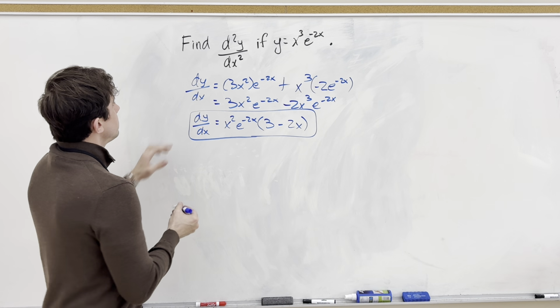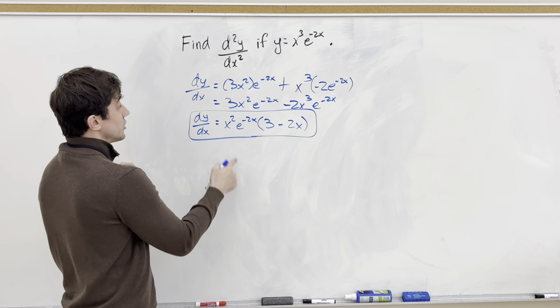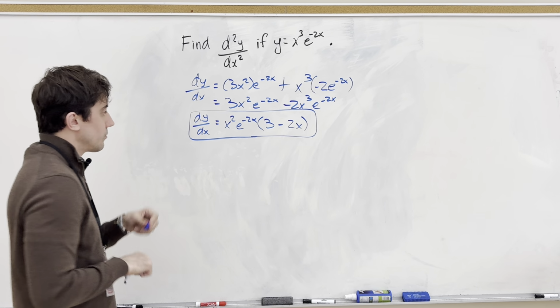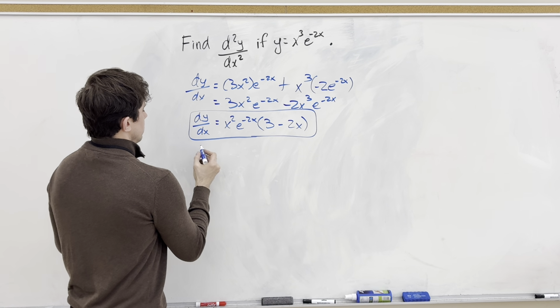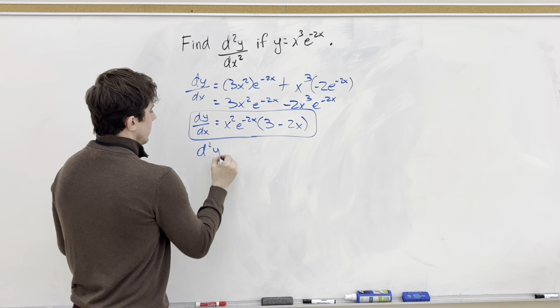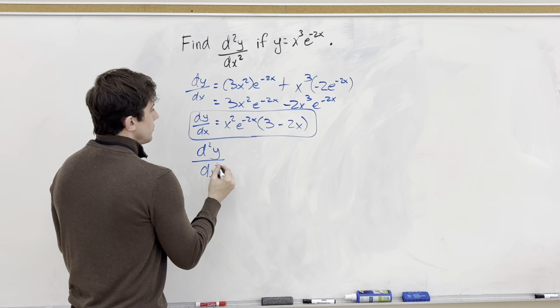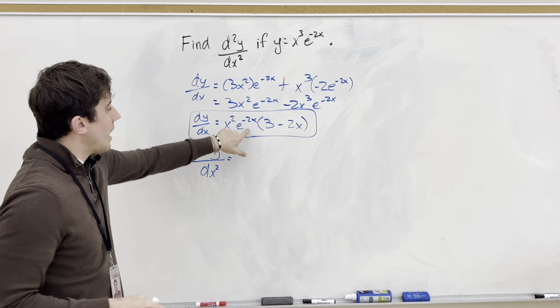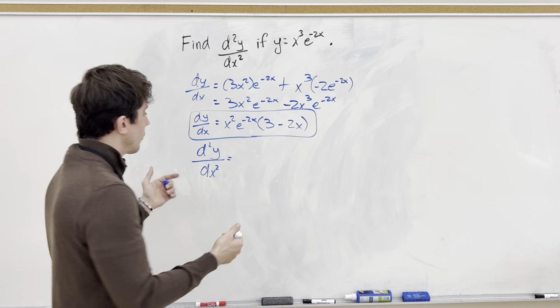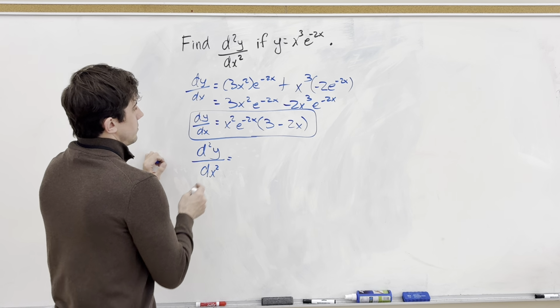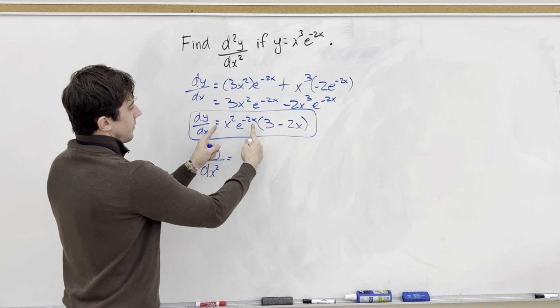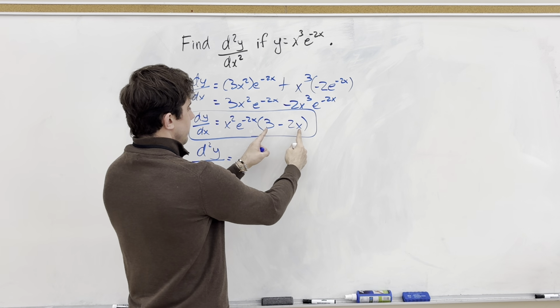And so again, if we want to find the second derivative, i.e. the derivative of the first derivative, we're going to use the product rule again, twice. And so this time, d2y dx2 is going to be, however, you don't have to factor it like that. I just think that would be more efficient. And so this time we're going to do the derivative of this times the derivative of this.